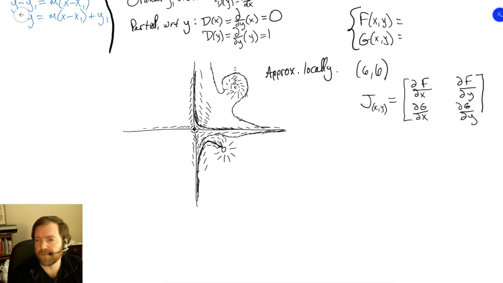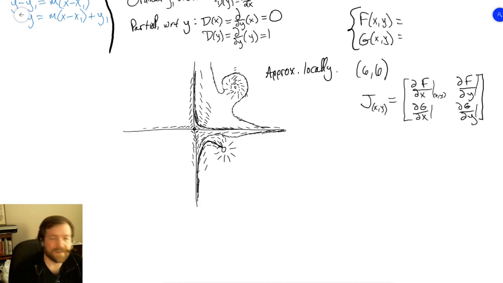I may have this backwards. Then you evaluate all of these at this point x,y, which in this case is 6, 6, for this point only.